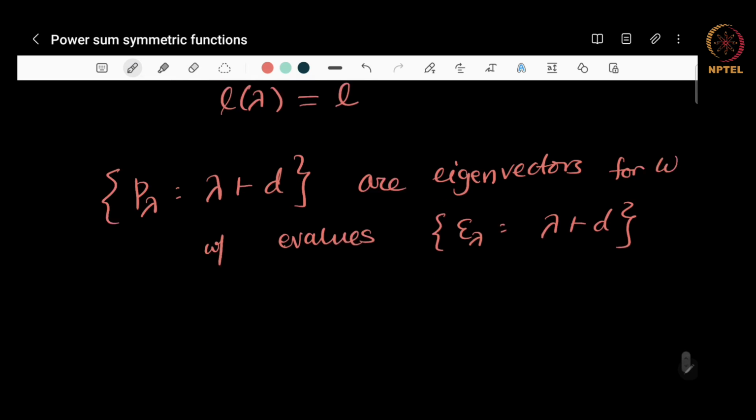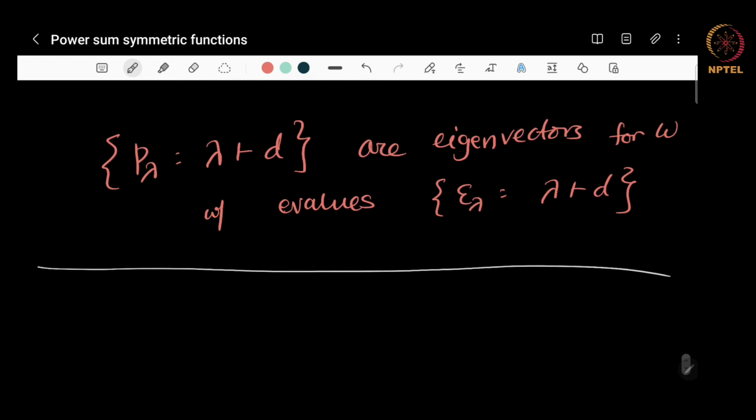Now we figured out how to write p's in terms of h's or h's in terms of p's, but that description we gave was recursive, in the sense that we could only do it step by step. Assuming we knew everything until that point, we could then compute the next one. So here's a non-recursive way of writing the h's in terms of the p's, for example.